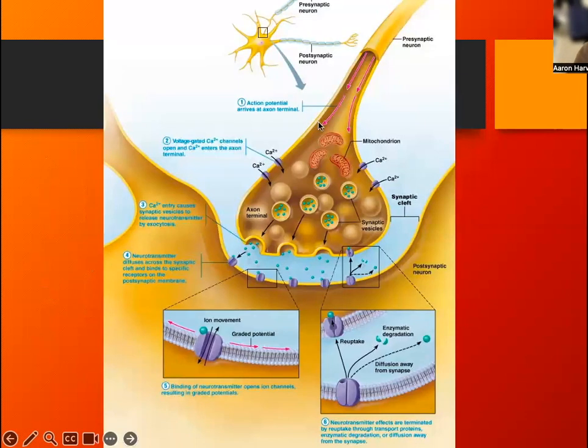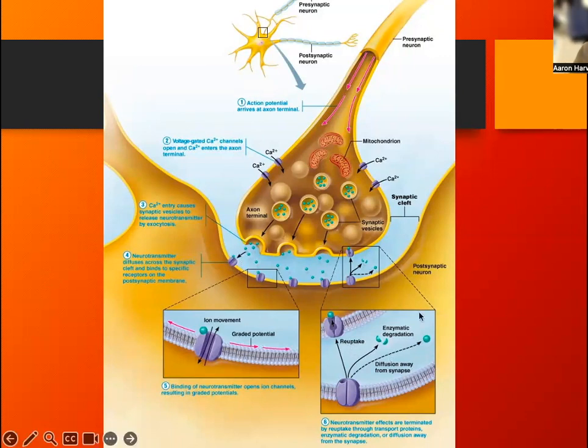So here is another graphic showing that. Action potential comes down the axon terminal. Voltage calcium channels open, causing the release of a neurotransmitter that binds to the receptor site on the postsynaptic cleft, which causes the opening of some sort of graded ion channel, which eventually causes a graded local depolarization that causes a graded potential to further depolarize the cell until you have a full depolarization and a full action potential sent along its way.